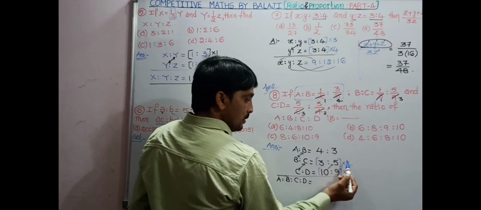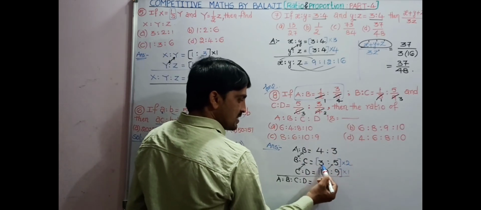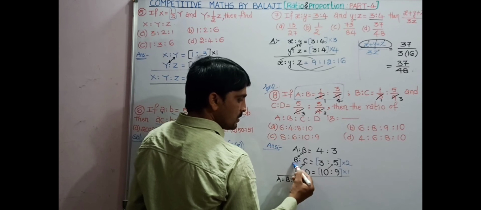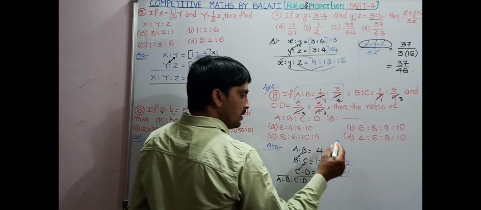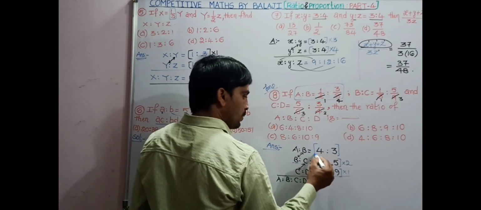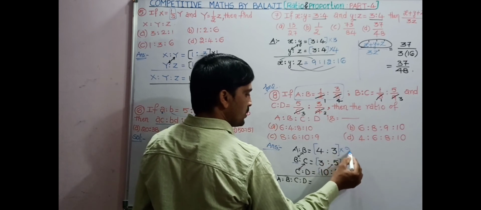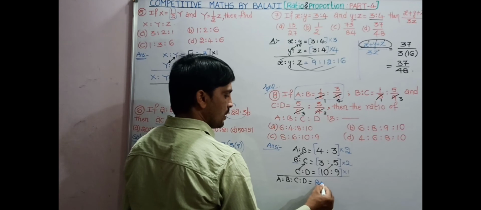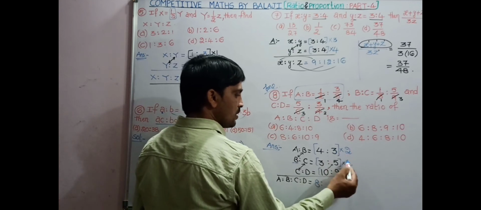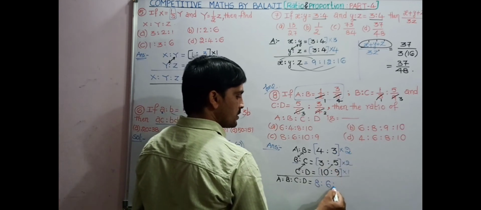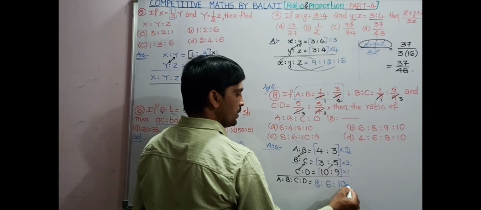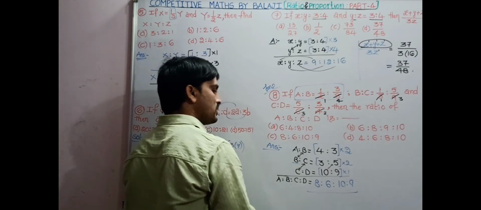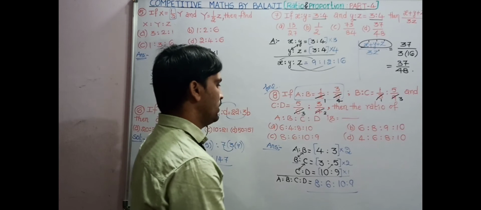But 2 3s are 6, so the B value is 6. In the first ratio, to make the B value 6, we have to multiply by 2 here also. So 2 4s are 8, the A value. B value is 6, C value is 10, D value is 9. 8 is to 6 is to 10 is to 9.